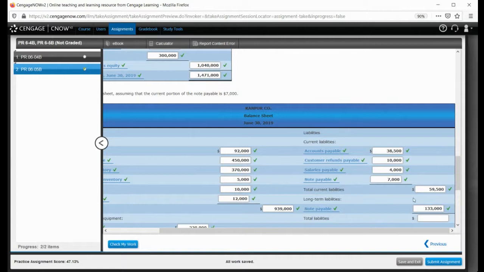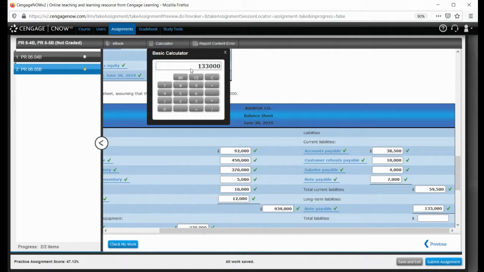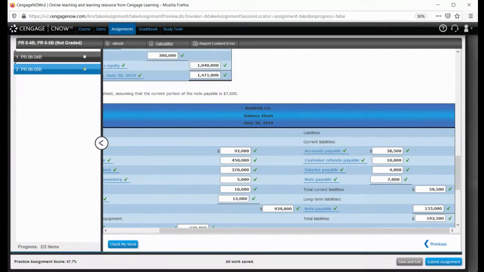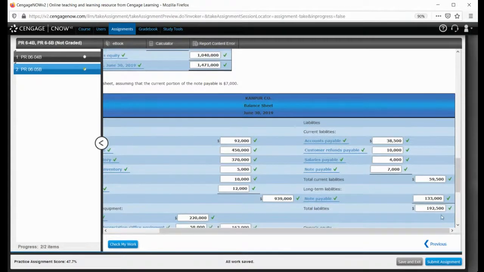Then you're going to add your liabilities together to get the total liabilities. And your total liabilities are 192,500.